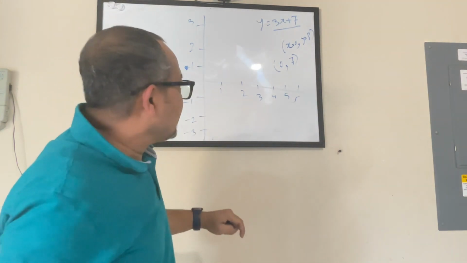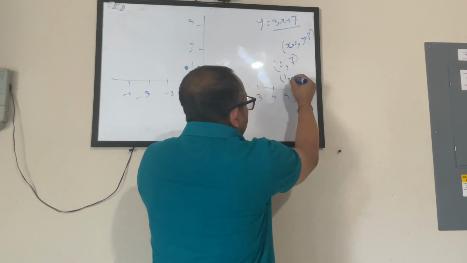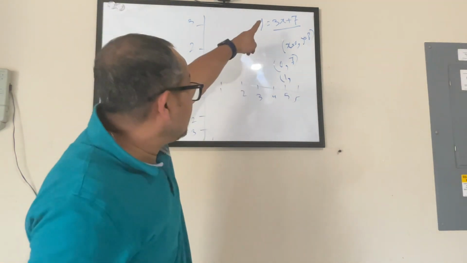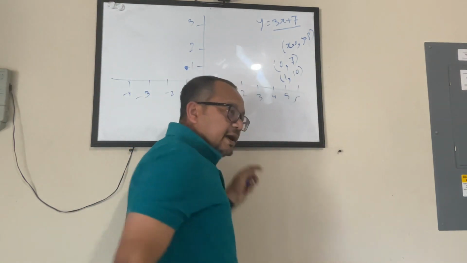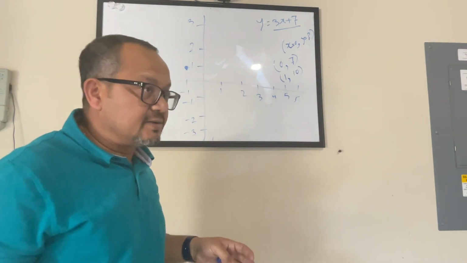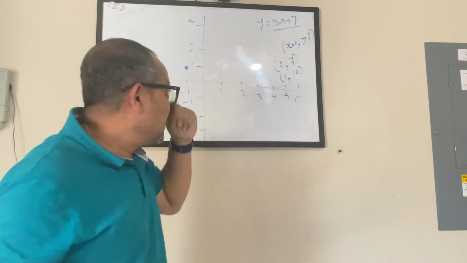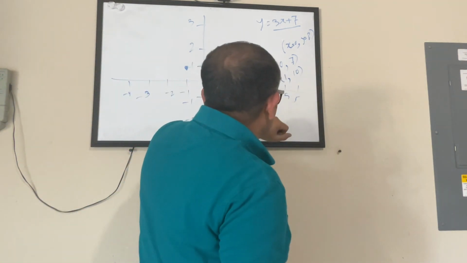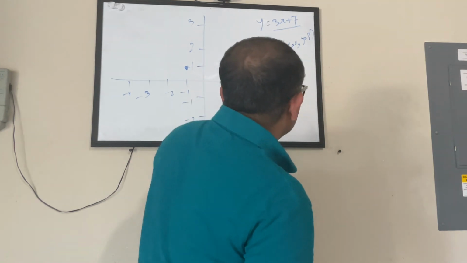Let's put another value, like what Pranit was saying. I'll put a 1. If I put x equals 1, what is the value of y? 10. And if I have to draw a line, I can just draw it with 2 points. Here, I will probably use another one. Let's put y equals 0.